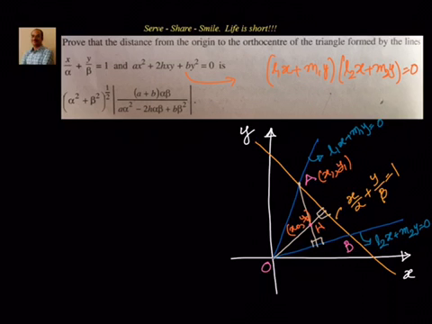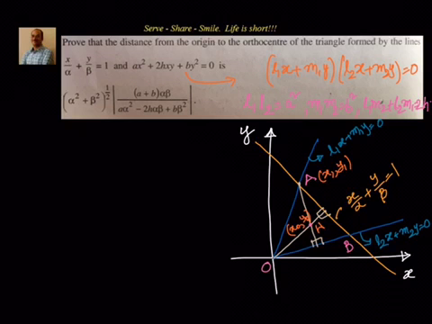We have done enough problems on this, so you should be very comfortable with how we can write that. And what are the conditions at that time? If you compare them, we will get L1L2 = a, M1M2 = b, and L1M2 + L2M1 = 2h. These are what we know already.